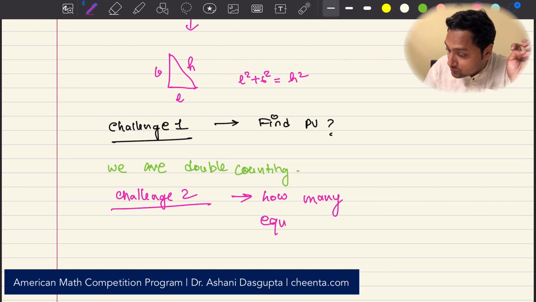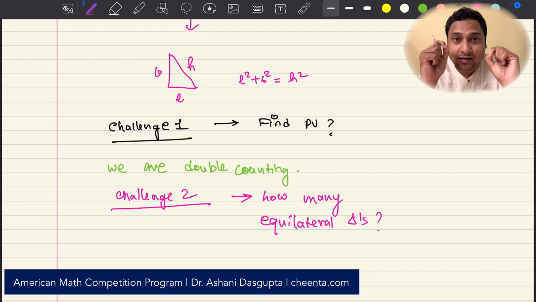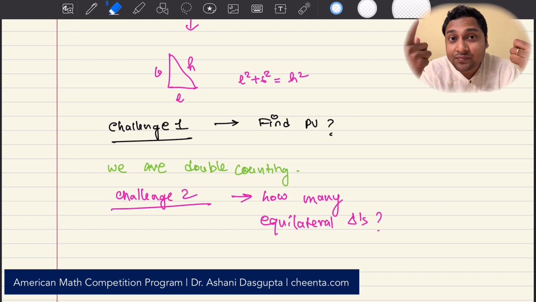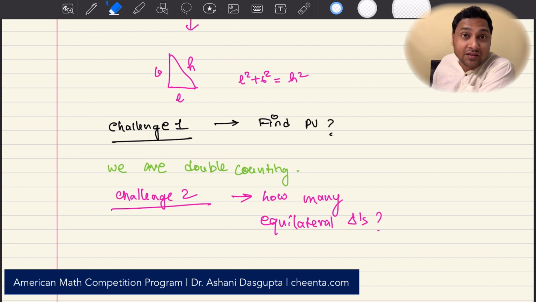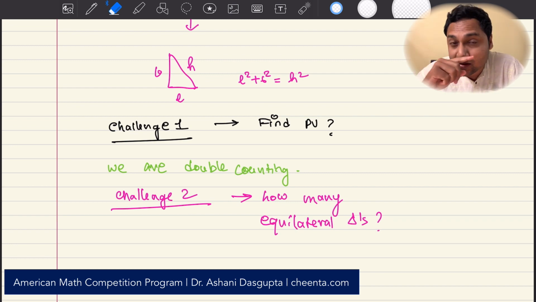Just make sure you understand the logic, the strategy that we used, because these are little problem solving strategies. Double counting, using the length as a unit 1. All of these things actually come up in stronger problems. So you should be able to understand what these little strategies are.